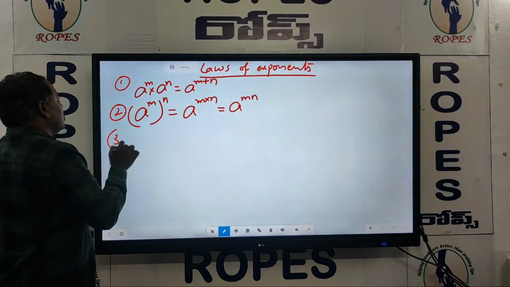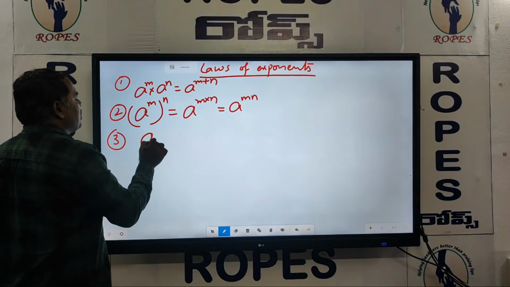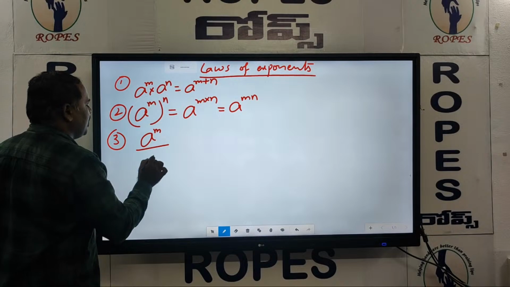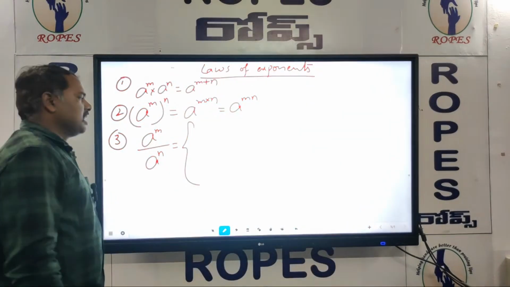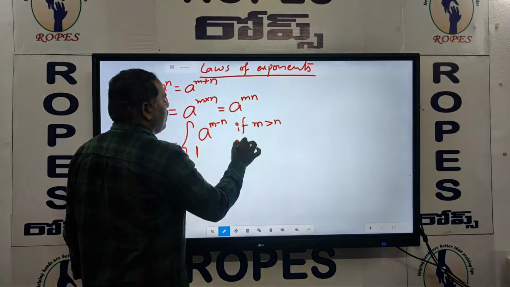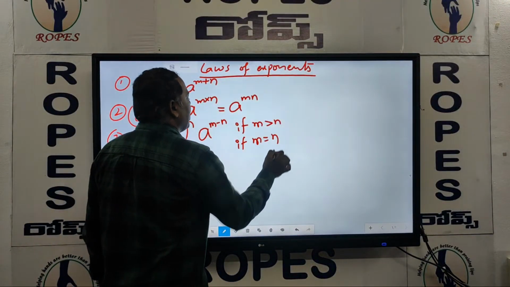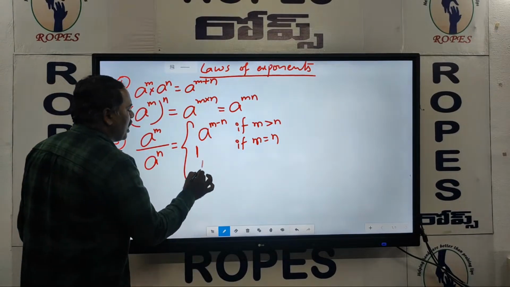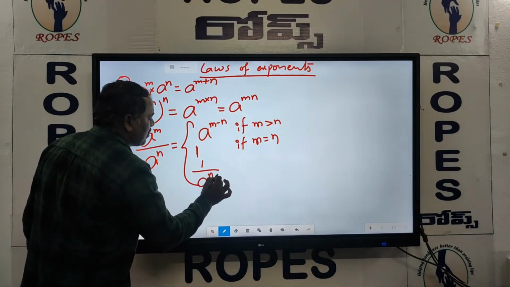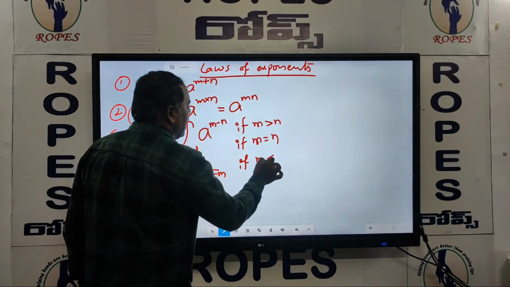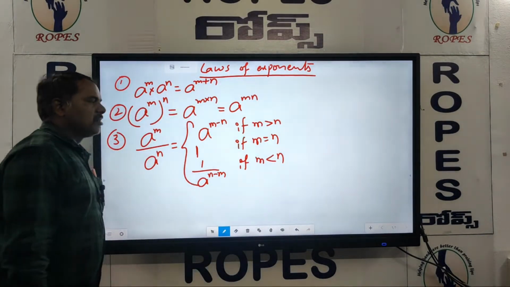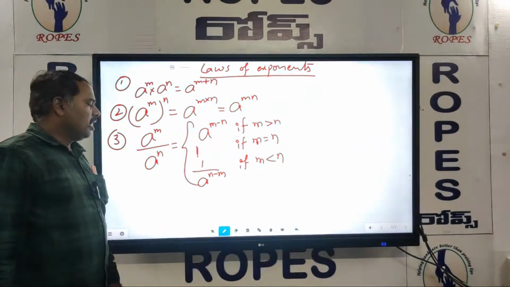Next, third one, a power m by a power n has three types of formulas: it is 1 when m is equal to n, a power m minus n when m is greater than n, and 1 by a power n minus m when m is less than n.